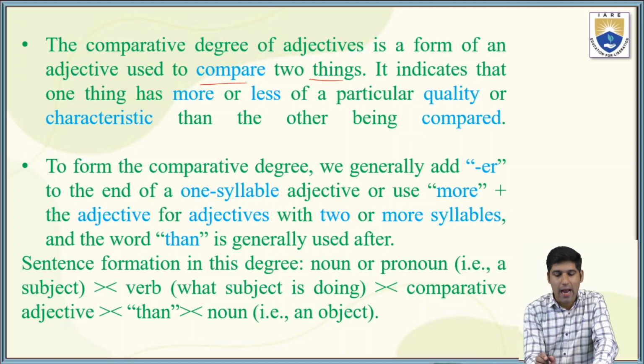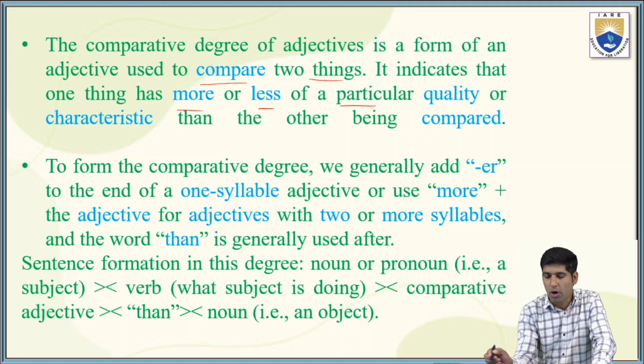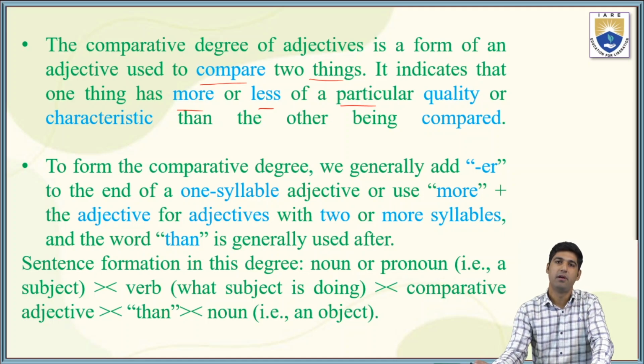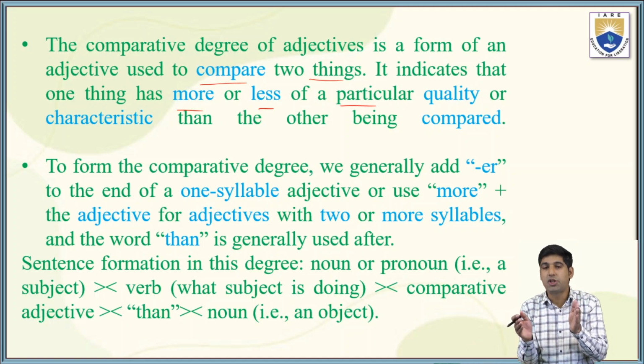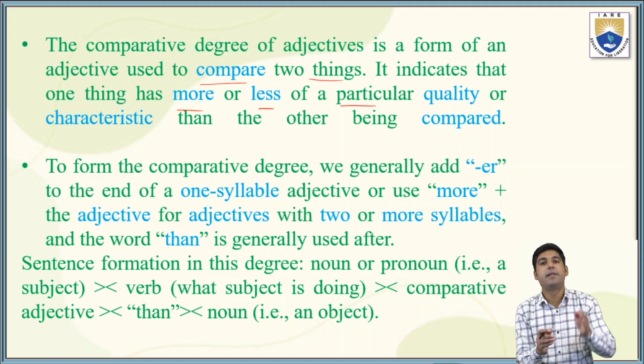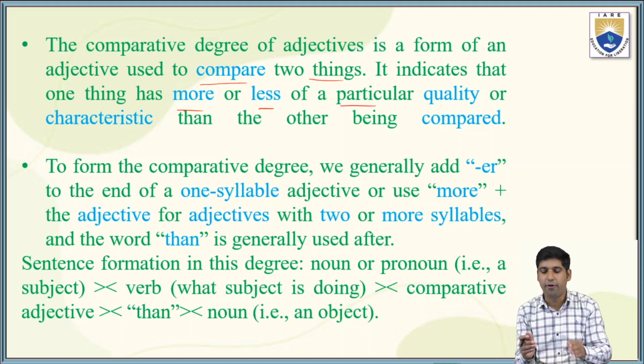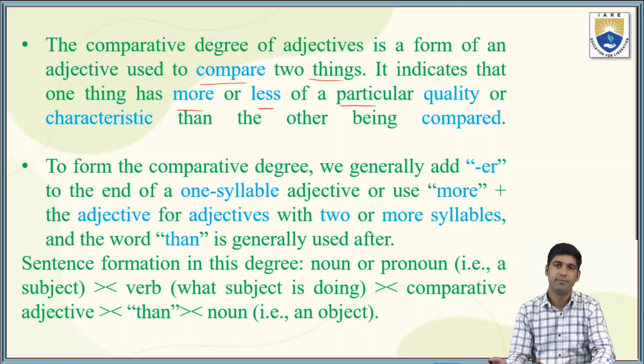It indicates that one thing has more or less of a particular quality. When we compare two things, we show that one of them has either more or less of a particular quality.